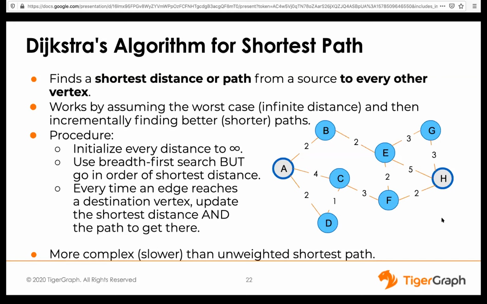So for example, in that first iteration, you'll see that you can get from A to C with distance 4. But you don't know that's the best answer, because we can see that if you allow 2 hops, you'll be able to get from A to C with only a cost of 3.